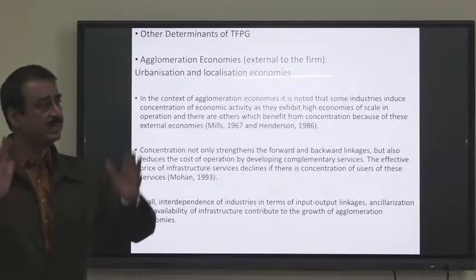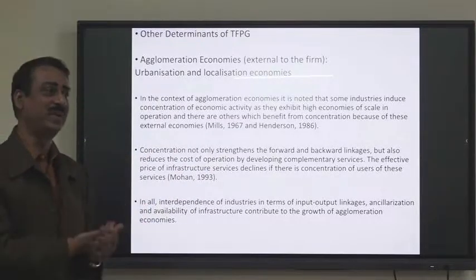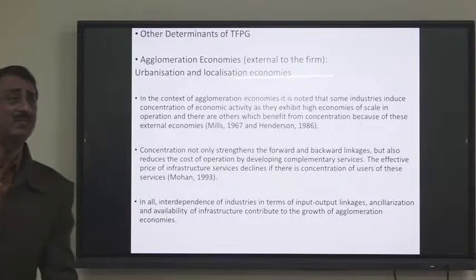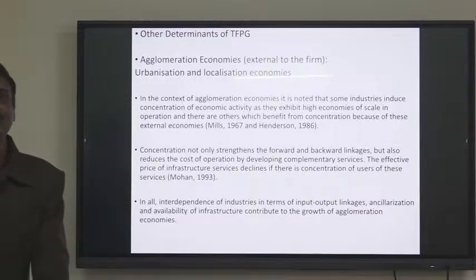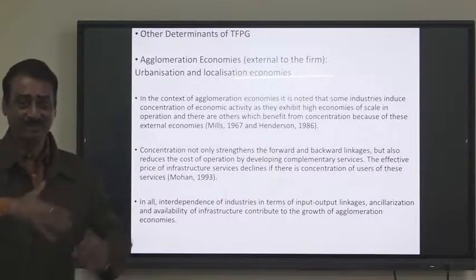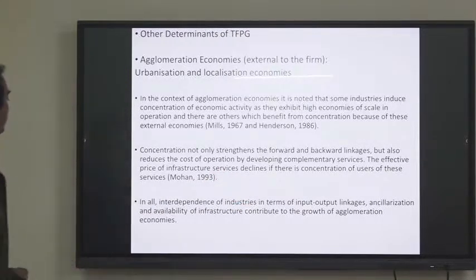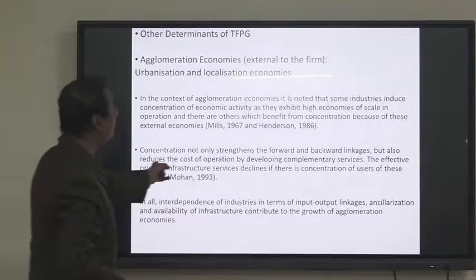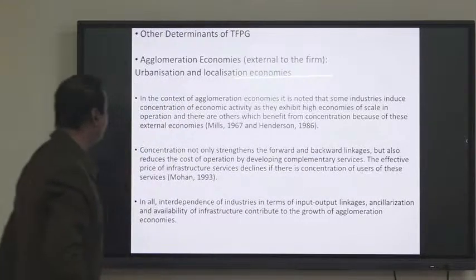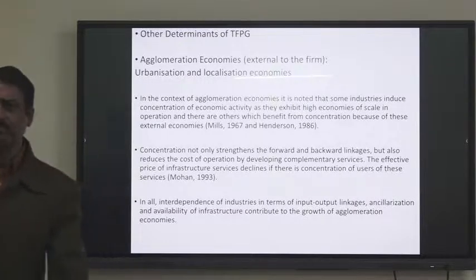This means the firms located in highly concentrated pockets are the ones who benefit. Take the history of any country, take the history of Indian industries: in the first phase, they all tried to concentrate in the Mumbai region, Mumbai, Thane, Belapur, slowly expanding. Concentration not only strengthens the forward and backward linkages, but also reduces the cost of operation. You want to buy some information, buy some raw materials.